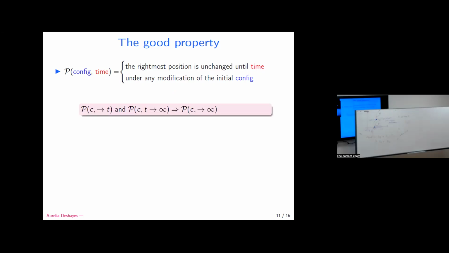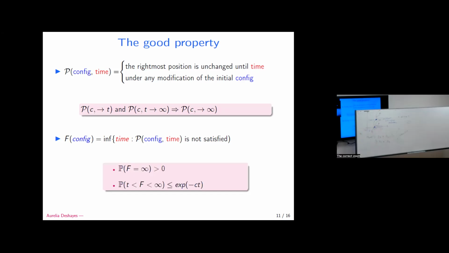And so this good property will have the good behavior that if it's true until t, and if it's true from t to infinity, it will be true to infinity. And we will introduce this time f, which is the first time where this property is not satisfied. So the property is true at time 0, because it asks for the configuration to have the same rightmost.